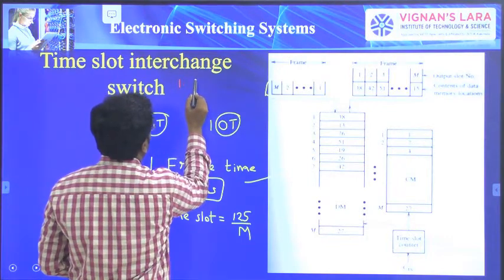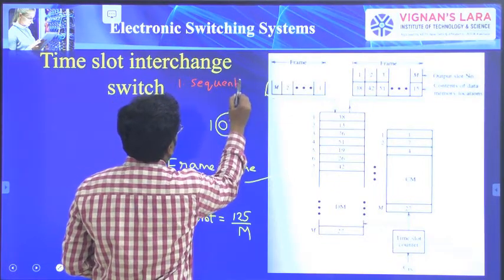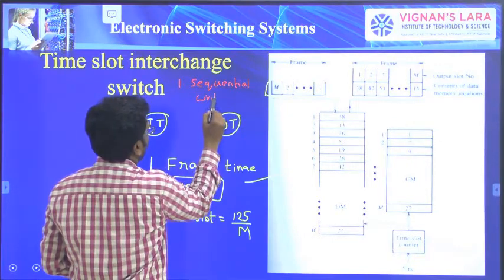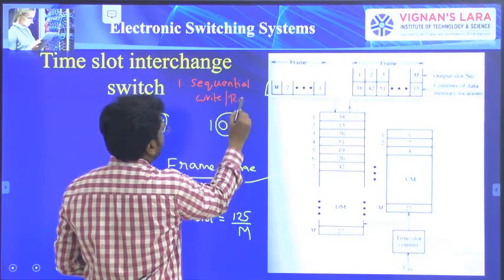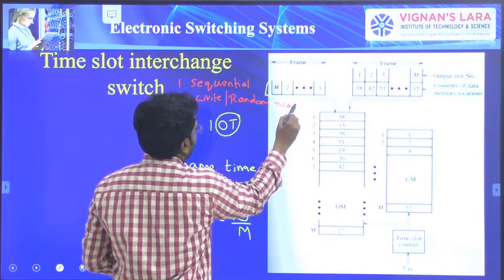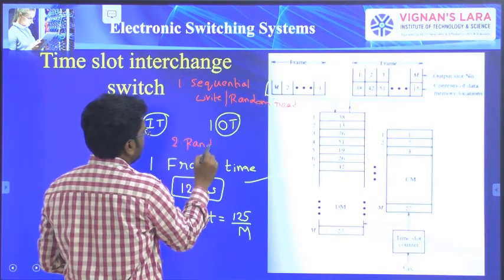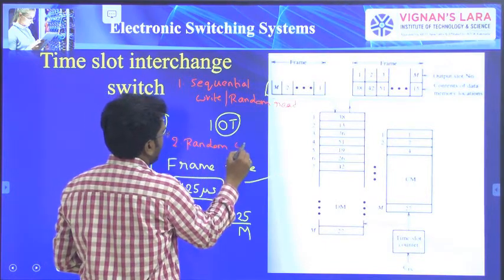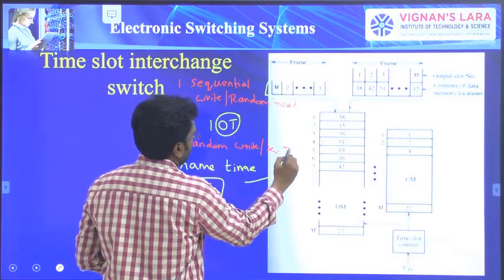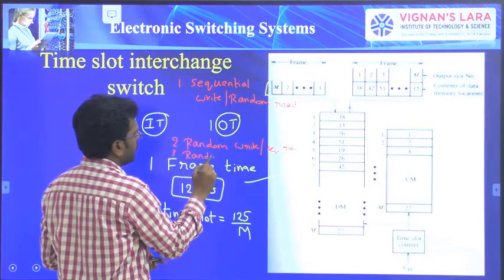First is sequential write by random read, second is random write by sequential read, and third is random input by random output.